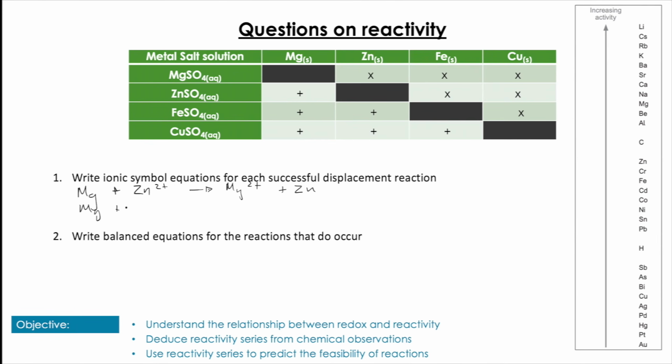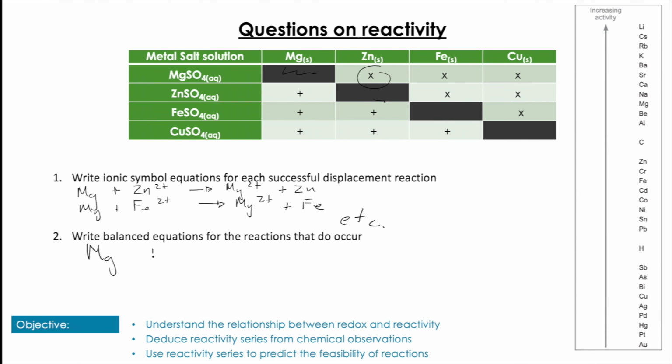So we're going to get Mg plus Fe2+ goes to Mg2+ plus Fe solid. Now, I won't go through all of those now, but if you're struggling with making the half equations, putting them back together to make the ionic redox equation, then go and check the video. I'll link that in the description for how to do redox equations.